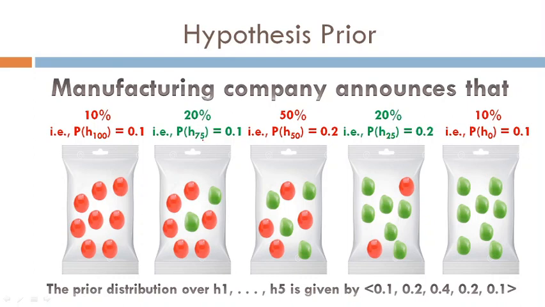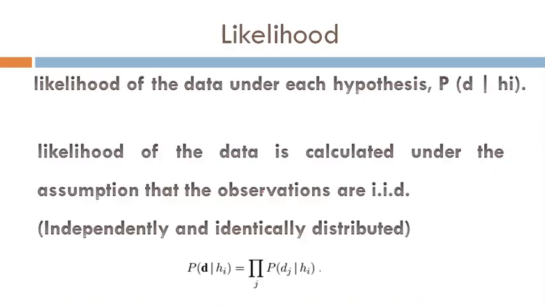That means probabilities 0.1, 0.2, 0.4, 0.2 and 0.1. This is 0.4, not 0.2.